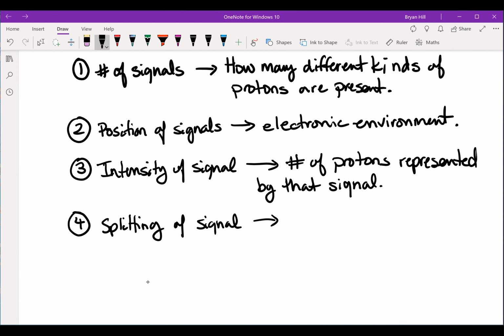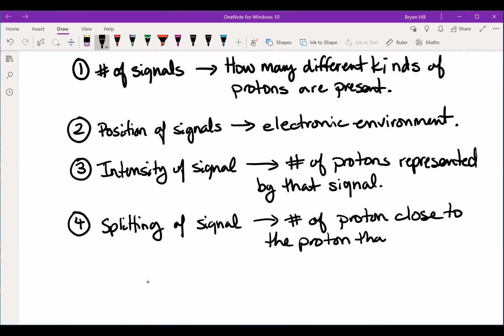This is going to tell us about the environment with regard to how many protons are nearby, the number of protons close to the proton that generated the signal.